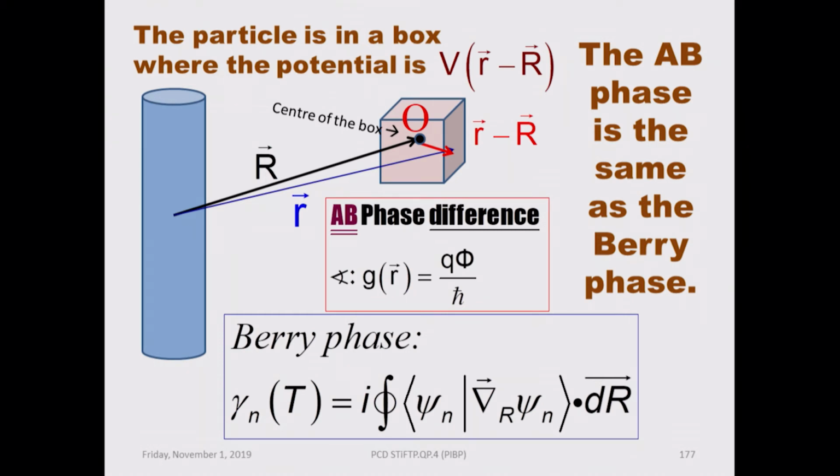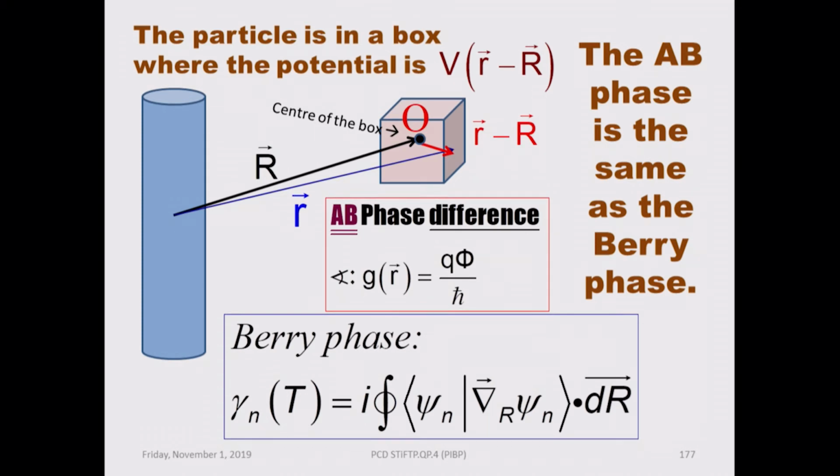And to see how it is the Berry phase, we did not define Berry phase as the Aharonov-Bohm phase. We defined it by what is at the bottom of the screen, that the Berry phase is i times this integral. This was, I think, in the previous class or in the class prior to that. So we have to show now that the Aharonov-Bohm phase is the same as the Berry phase.